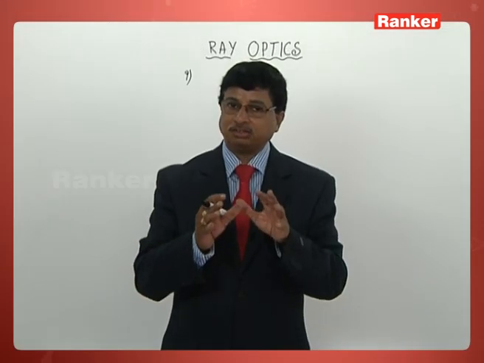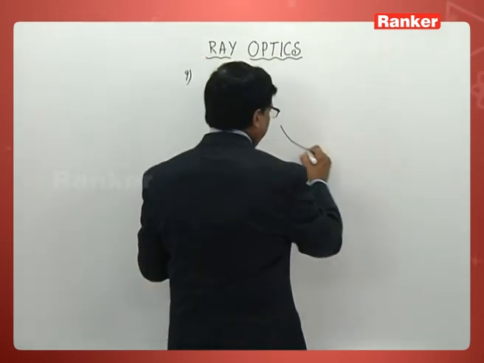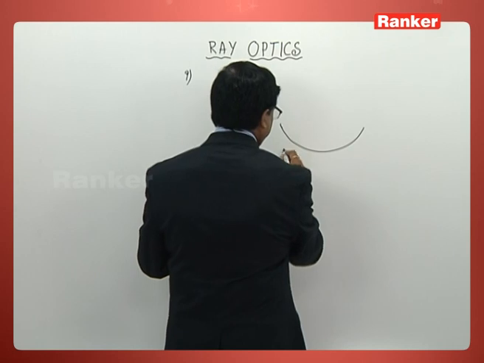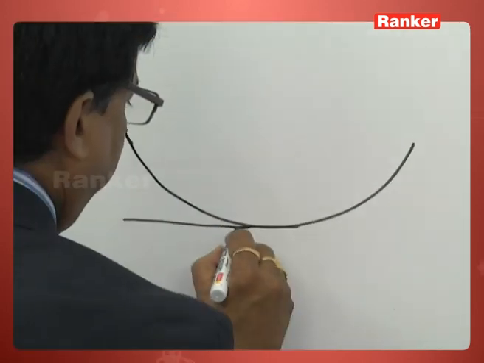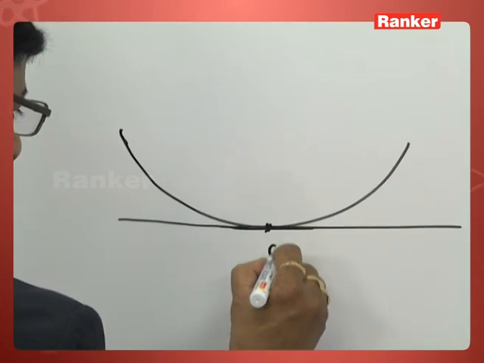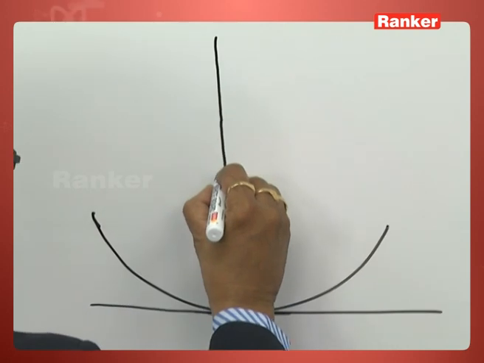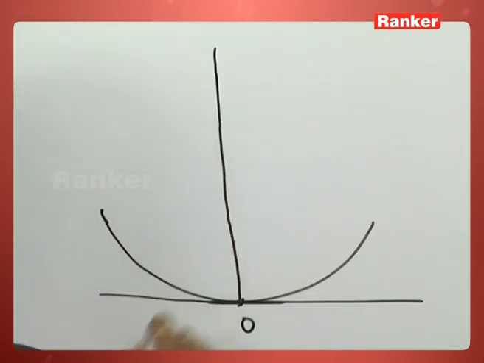So, what exactly is he describing? Let me just show you here. There is a concave mirror which is placed on a flat table like this. This is O he is talking about, and of course, this is going to be the axis of this mirror.